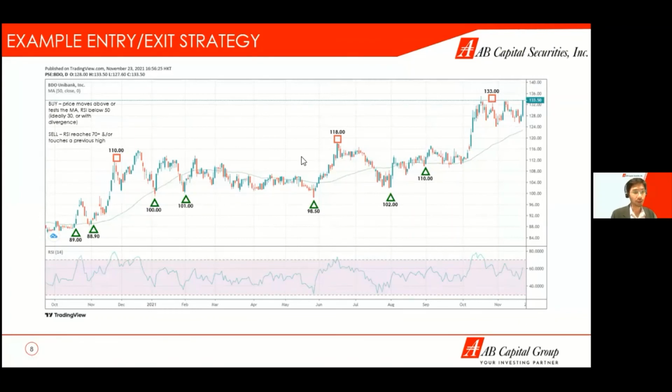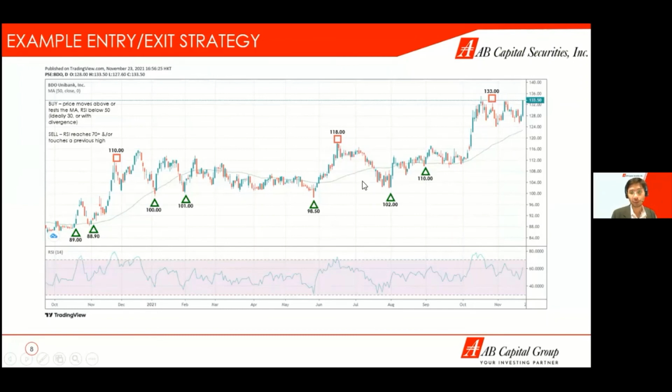So you would notice here, they don't buy in one tranche. They would accumulate at good prices. And then they wouldn't sell unless there's been a significant gain, or unless there's a definitive sell signal on the RSI, or it reached a previous high. So I think at 110, that was the previous high from a year ago.